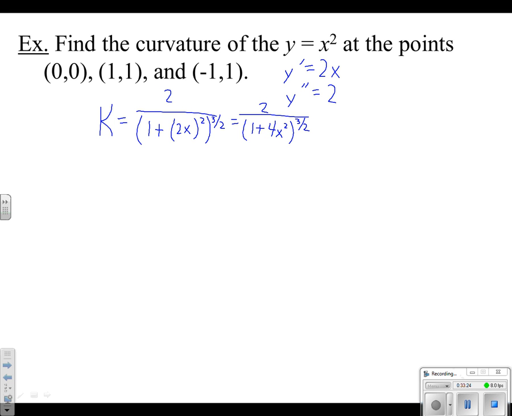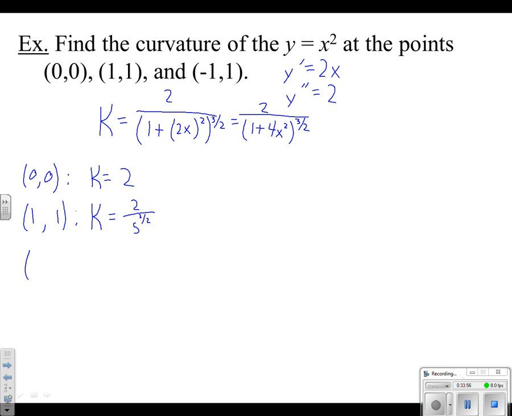Okay. And so we want the curvature at each of those points. At the point 0, 0, let's plug in 0 for x. The curvature is going to be 2. At the point 1, 1, the curvature is going to be 2 over 5 to the 3/2.